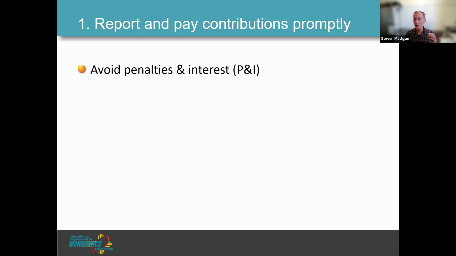If the quarterly wage reports are not submitted timely, or if payment is not submitted timely, there is a penalty for that. And then there's interest on any of the taxes or contributions that might be late. So with this one, plain and simple, as long as you are timely in reporting and paying, this wouldn't be a problem for you.